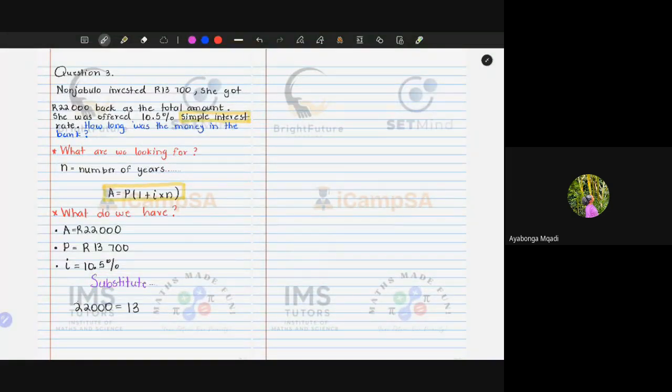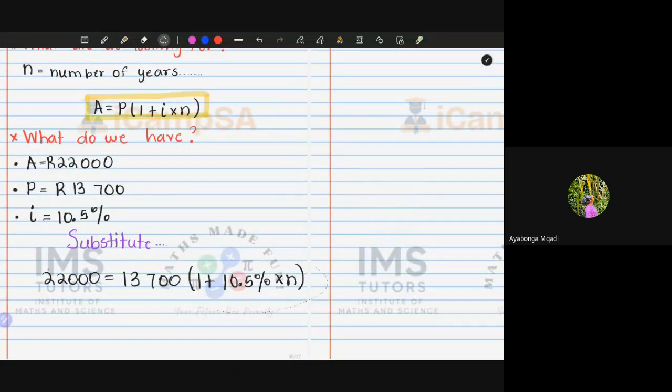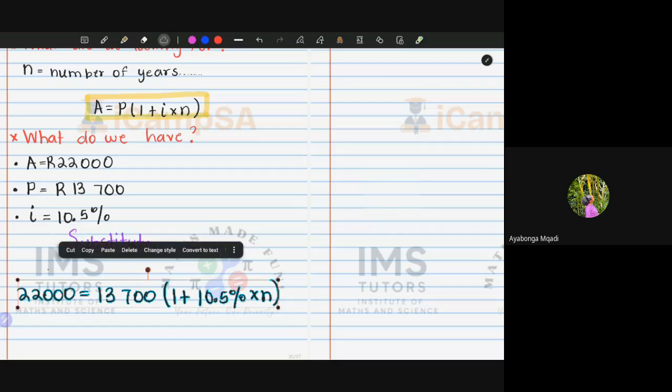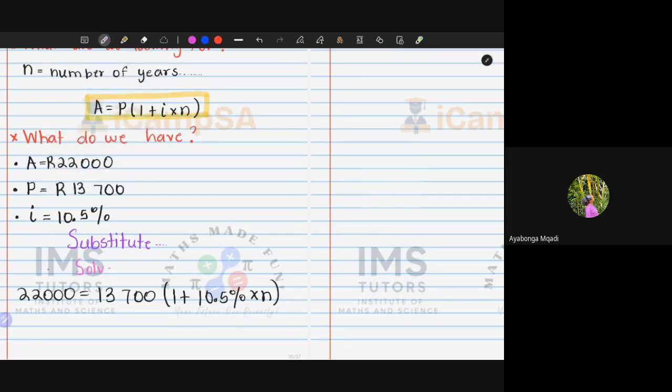And our P is 13,700, times 1 plus our interest rate, 10.5%, and this is multiplied by N. So how are we going to go about solving for N, guys? Any suggestions here? This problem has become a problem of solving for N. Anyone who wants to guide us, how do we solve for N here?